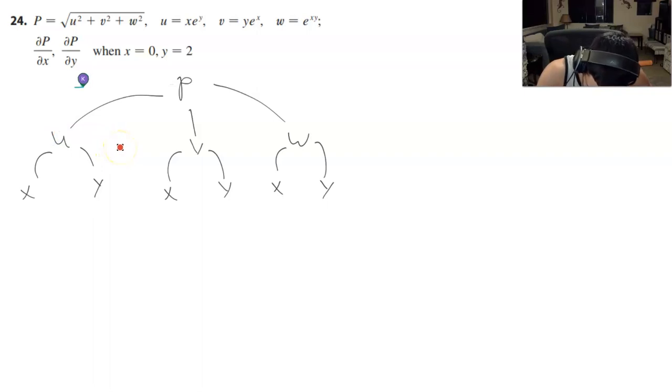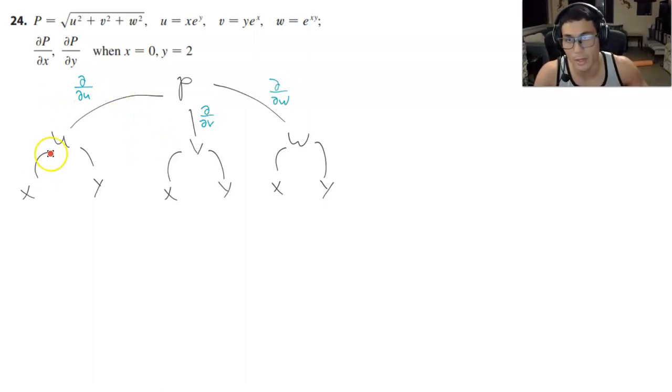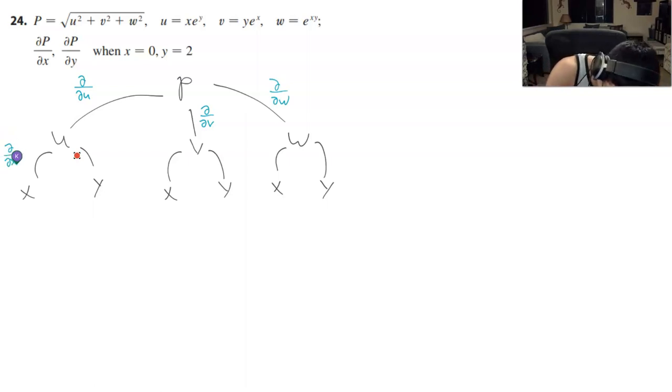We go dp/du, dp/dv, and dp/dw, and then we go from u to x by going du/dx, du/dy, and the same for the others. There's a pattern here. If you think about it, it is exactly the same. The exact same thing is going on here.